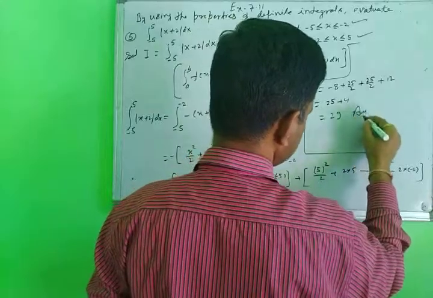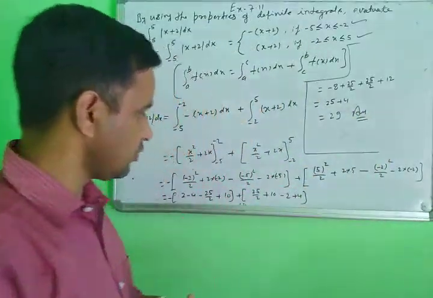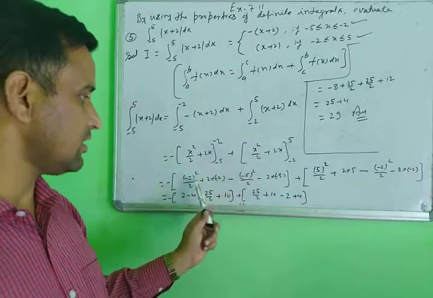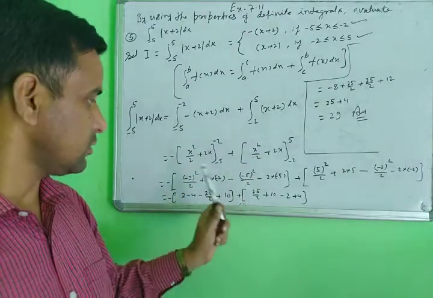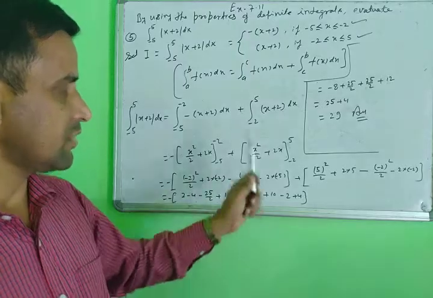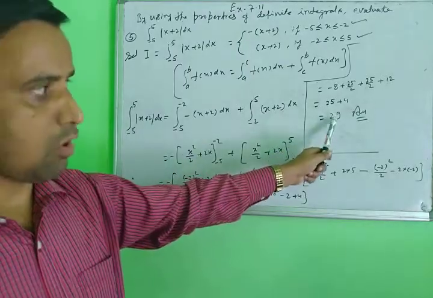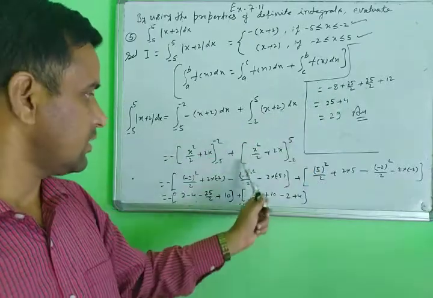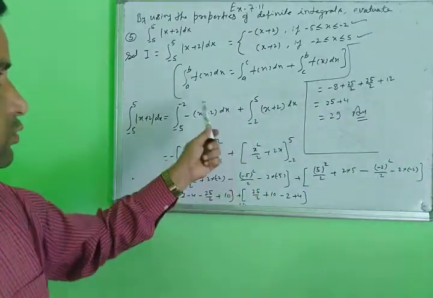This is your answer. Be very careful when you use the limits, when you calculate the upper limit and lower limit, and don't make a mistake in the calculation. Otherwise, your answer will come out wrong. Yes, note down these questions.